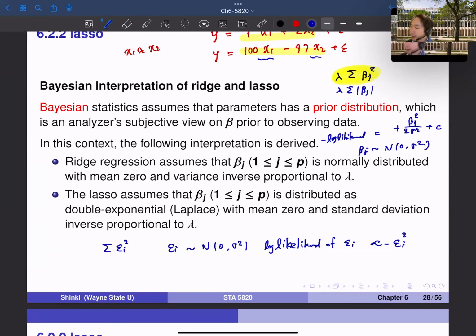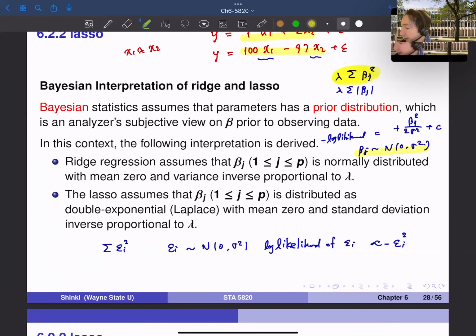So basically 1 over 2 sigma squared corresponds to lambda. If sigma is large, the penalty is small, because beta j may not be very close to 0, so we don't penalize beta j much.